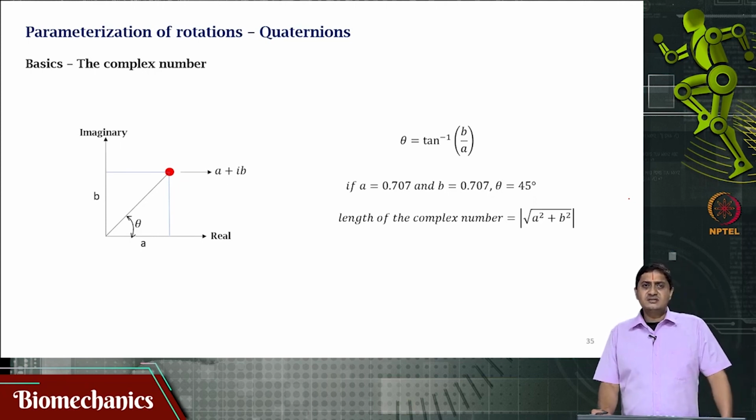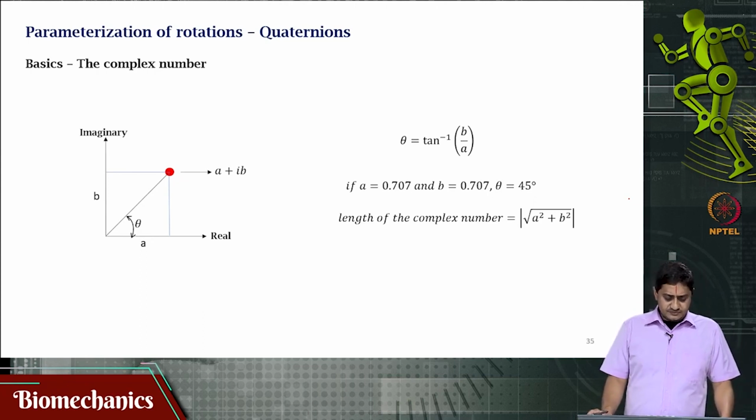Now, let us use quaternions. Let us discuss the concepts of quaternions and how we can use quaternions to parameterize rotations. Now, this is something that we know from high school. I have a complex number, say a plus ib.